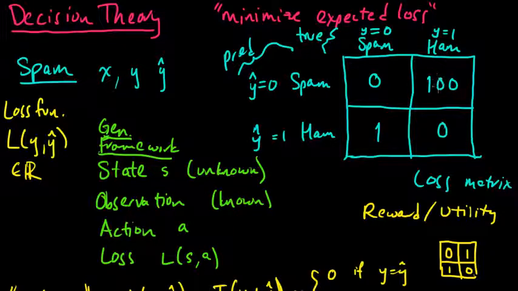So you're going to be very reluctant to classify emails as spam, whereas in this case it's just the same. So you're going to be a little more balanced in this case. By thinking in terms of this loss matrix or loss function, it will definitely impact how you design your classifier.